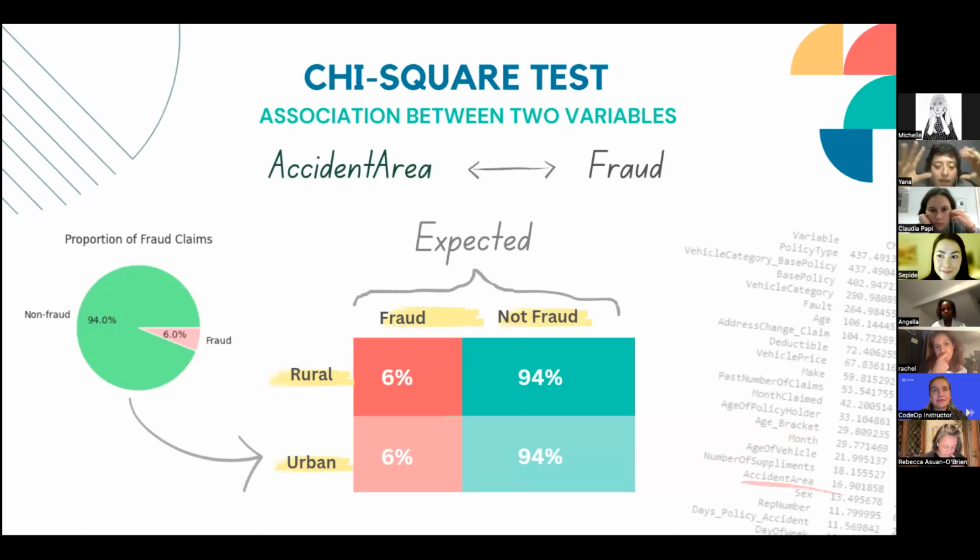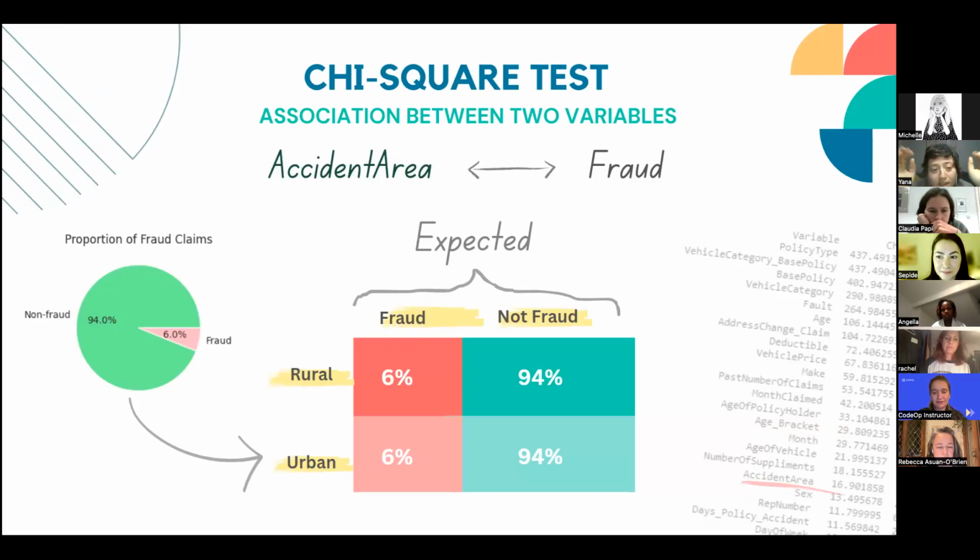Yes, so this was the target variable. Now we want to see if there is an overall association between each of the variables that we have and our target variable. So for example, if we take accident, whether the place the accident took place has any effect on the fraud.